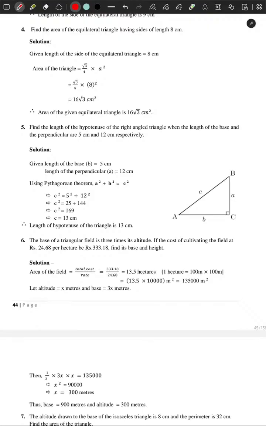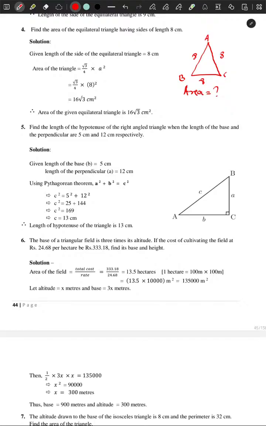Find the area of the equilateral triangle having sides of 8 cm. Let's draw the triangle ABC with sides 8 cm, 8 cm, 8 cm. Here it is asked to find its area.